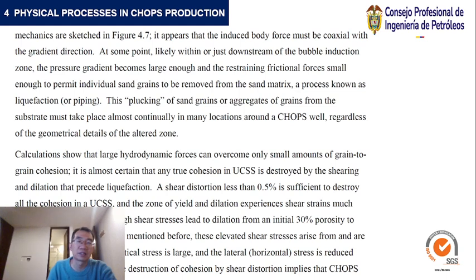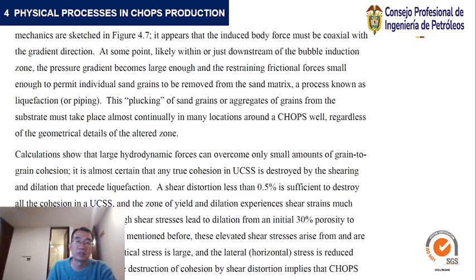The mechanics are sketched in the figure. It appears that the induced body force must be coaxial with the gradient direction.